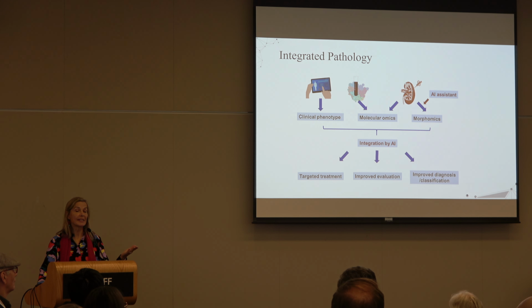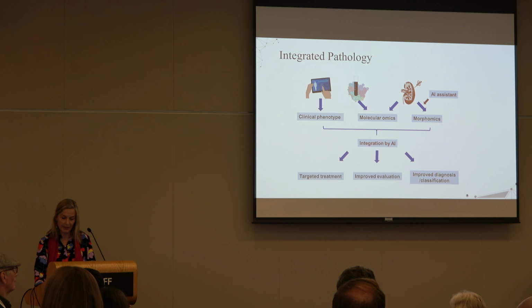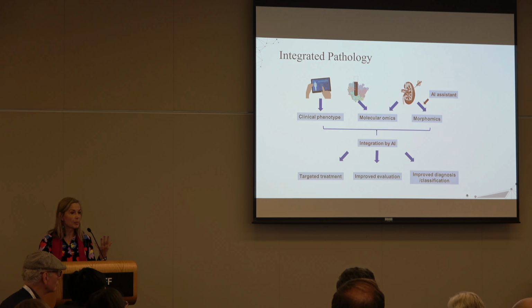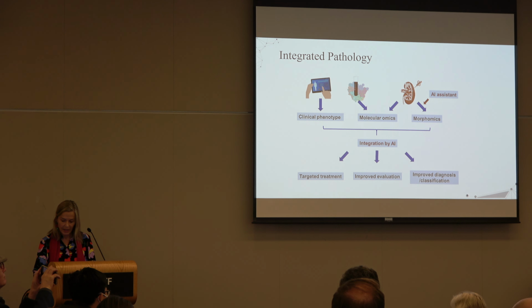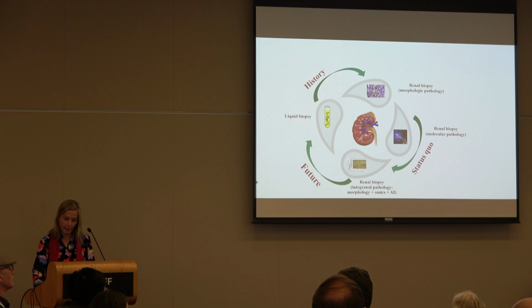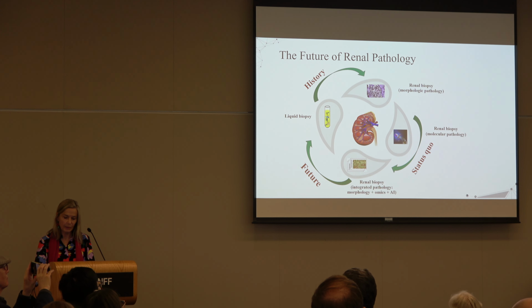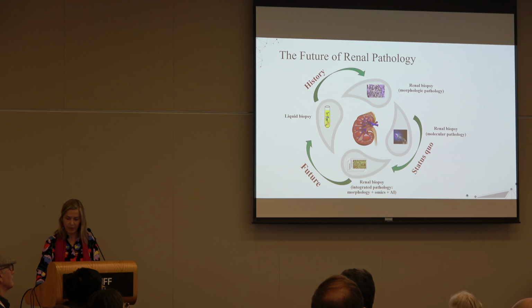Lynn alluded to this, that sometimes we don't even know if it's transplant or not. Maybe we can get better molecular omics. Maybe we can have AI assist us with the things that our eyes, due to bias or habit, are not noticing. And we can have an improved future for diagnosis and classification. So this is the future as I see renal pathology with the morphologic pathology. I don't think it's going to go away right away.